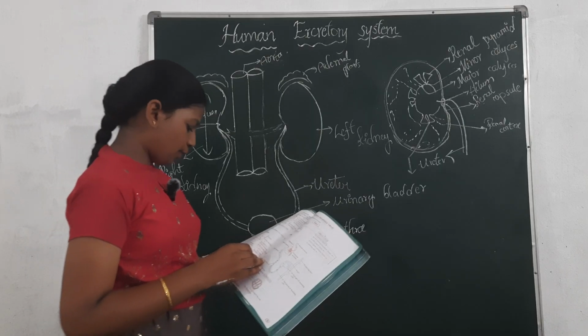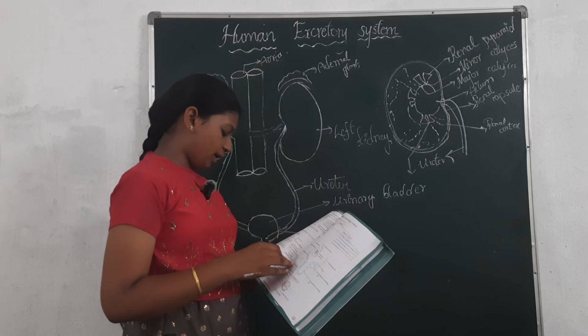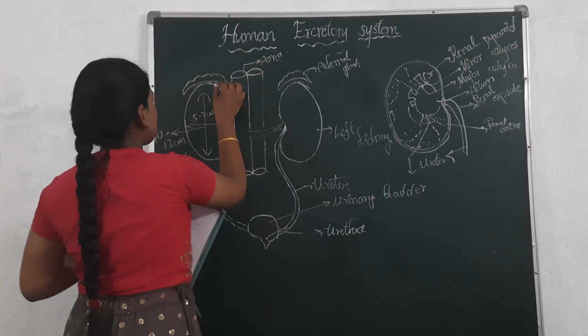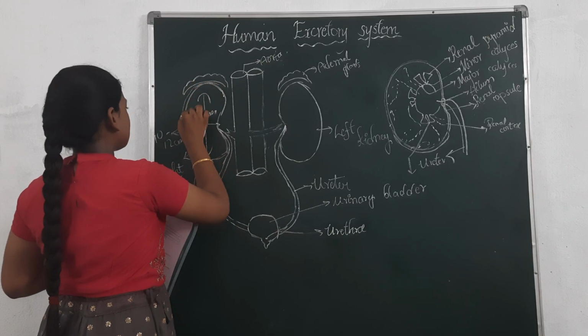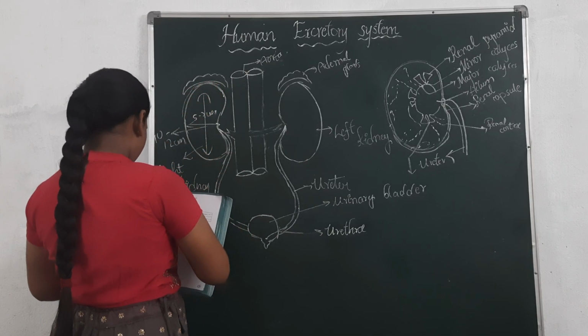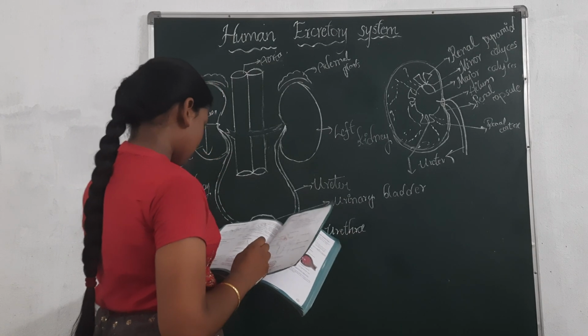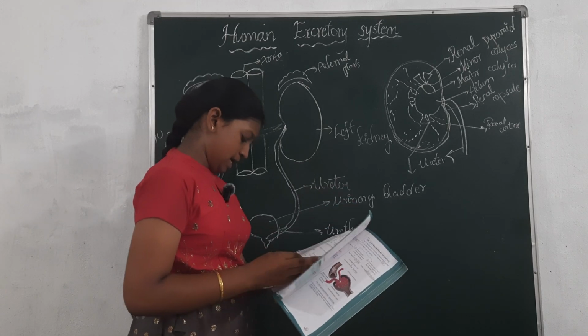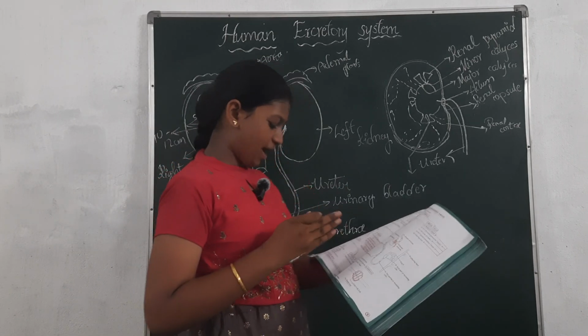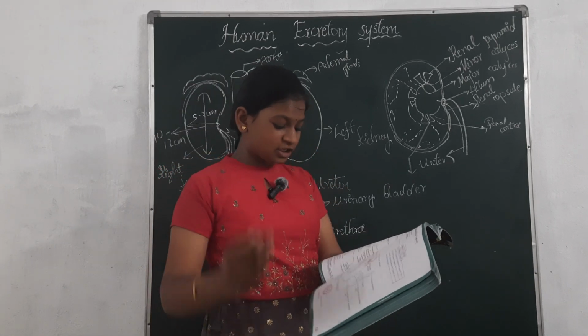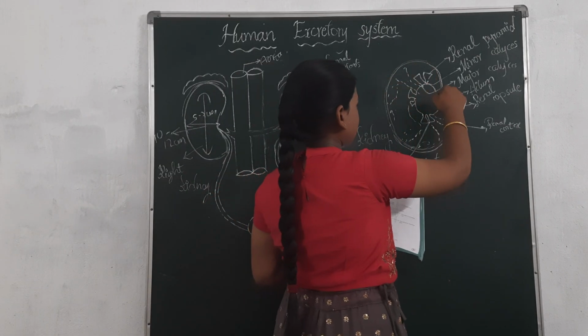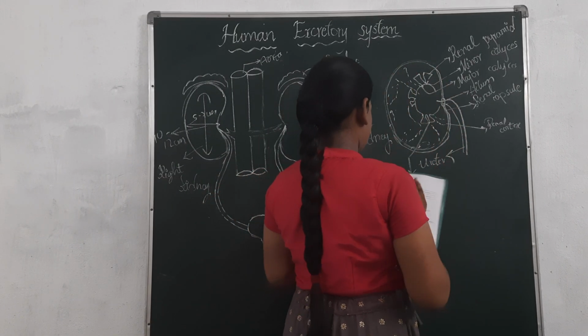The kidney has an outer covering called the renal capsule, a layer of connective tissue. Next, the internal structure of the kidney is divided into the outer cortex and the inner medulla. This is called the inner medulla and this is called the renal cortex.